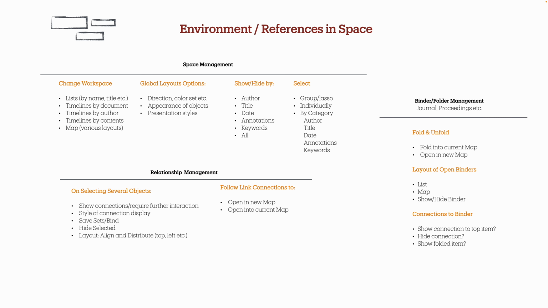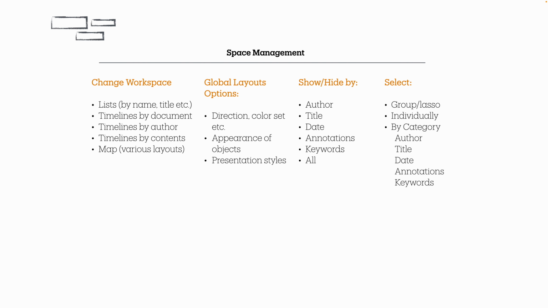So here are some of the issues around dealing with the environment or the references in space. One of them is space management. How do you change the workspace? For instance, if you want to be in a map view or a timeline view, and how do you change how that is laid out? You should be able to set global layout options in here.